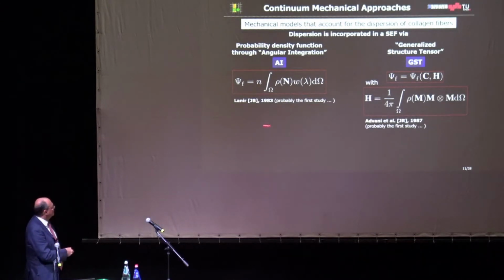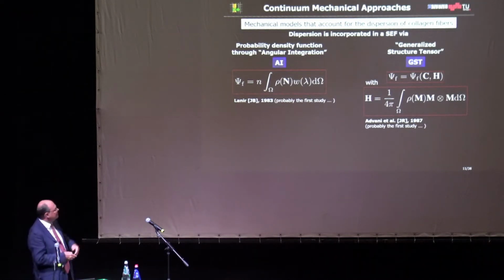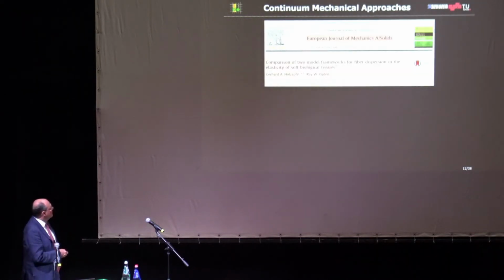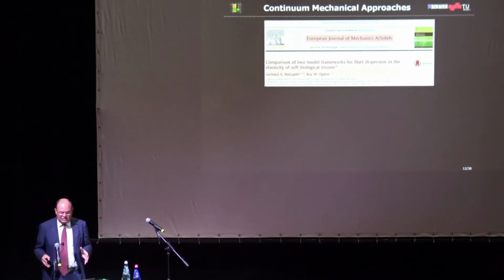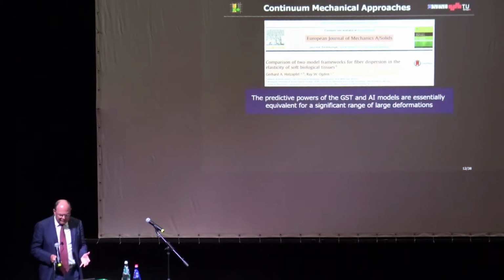So that goes back to Nonlinear, 1983, and Advani published this the very first time in 1987, and then my 2000 model also is based on this generalized structure tensor. We have shown recently that both approaches have basically the same power to predict.